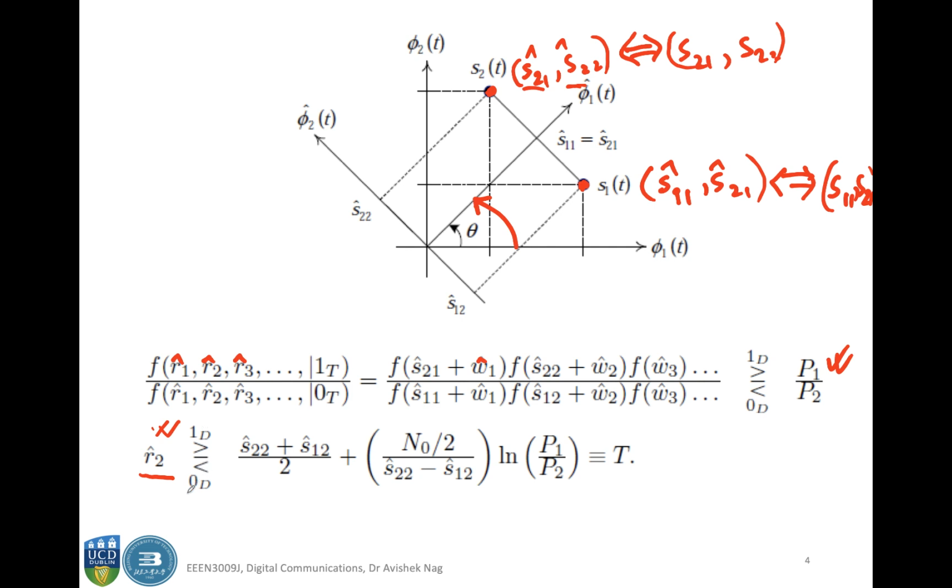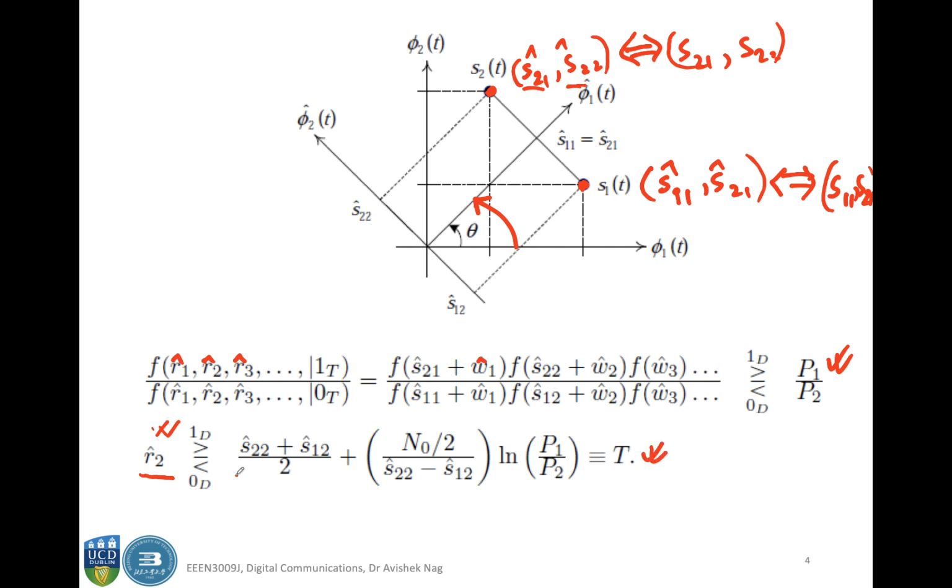So the only thing you need to check is whether your R2 hat is greater than or less than a certain threshold t.